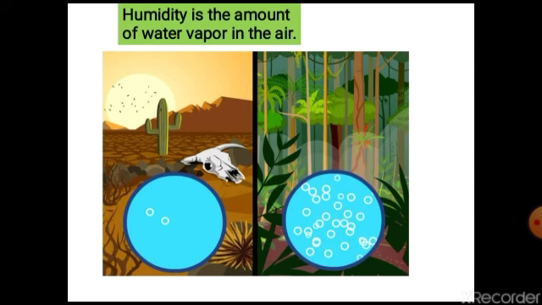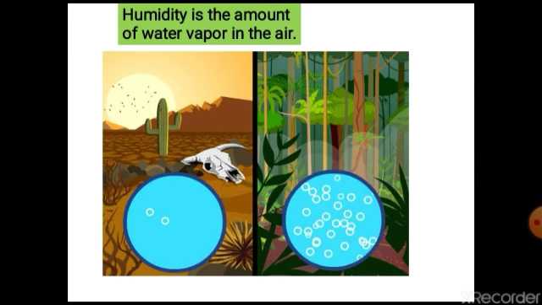The reason the desert gets so dry is the lack of humidity in the air. Humidity is the amount of water vapor in the air. You can see that in a tropical or forest condition, the humidity will be very high. The air moisture balances the temperature.